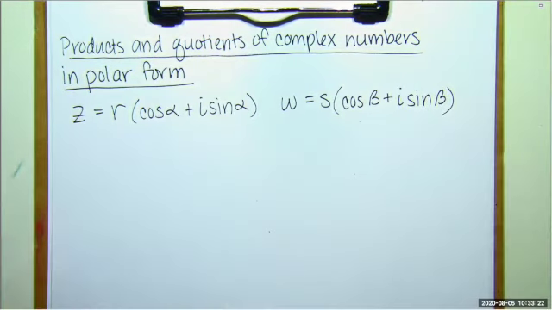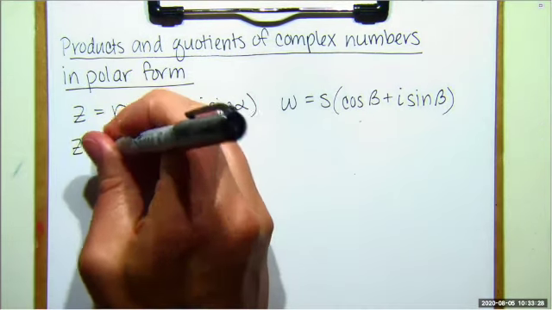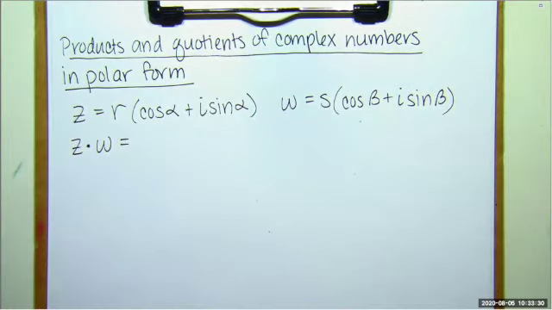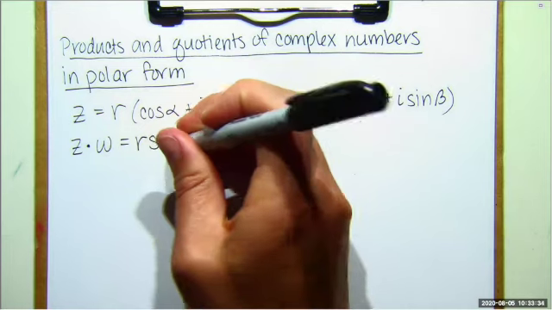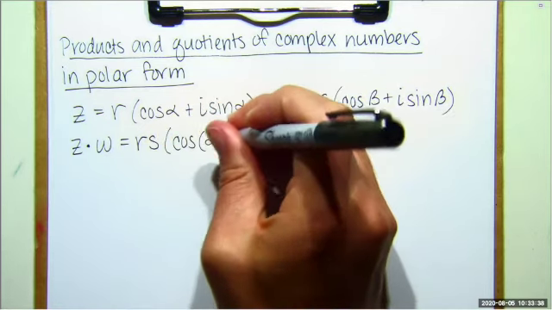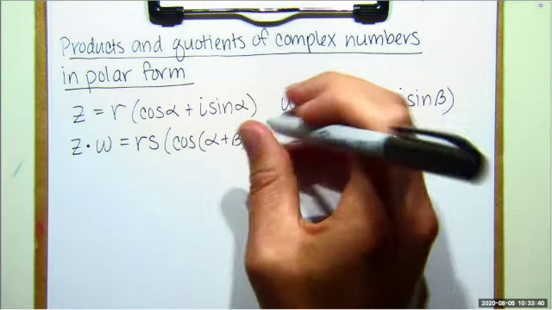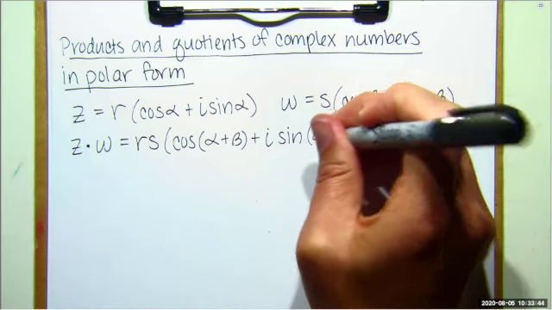Okay, so here we have two complex numbers. Okay, so we have a theorem that says if we multiply these two complex numbers together and they're in polar form, their product is just r times s times cosine of alpha plus beta plus i sine of alpha plus beta.